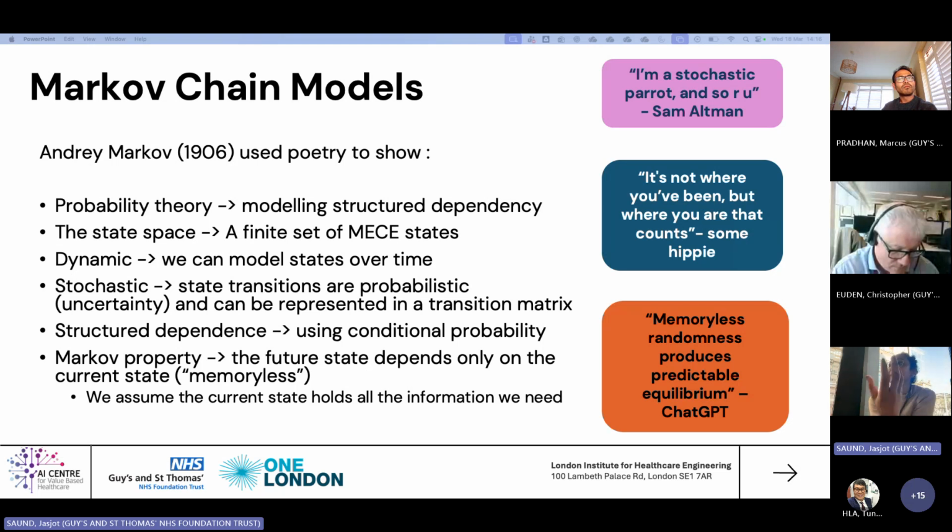We do depend on something, but the state that we depend on is the present state. So it's essentially saying that all the information we need is in the current state, and that holds all the previous states. It really simplifies it from saying, do we need to know every single previous state that this person's been in, to no, actually, we only need to know the present state, and we can stochastically predict what might happen next.